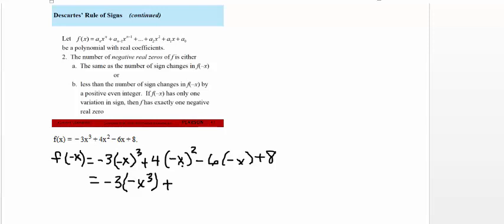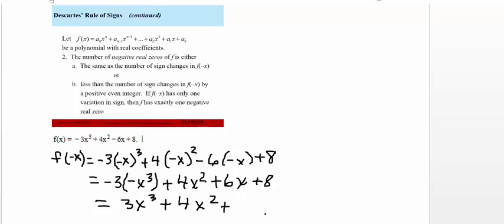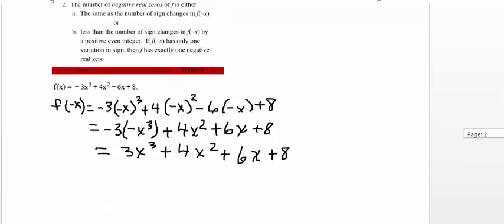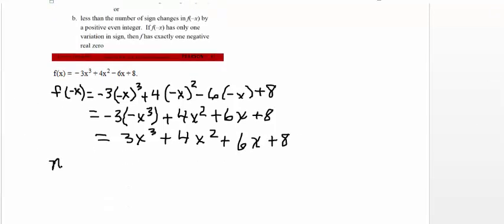When we square negative x, we just get x squared. And negative 6 times negative x is positive 6x. And we have this plus 8. So we wind up with 3x cubed plus 4x squared plus 6x plus 8. And notice that actually has no sign changes.